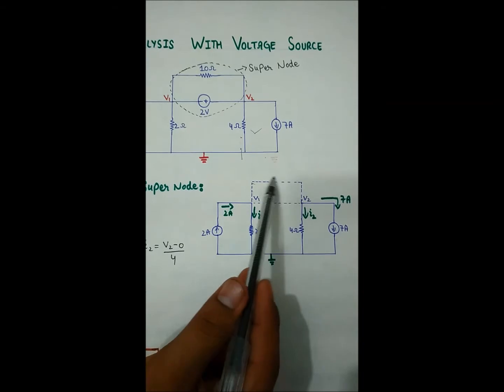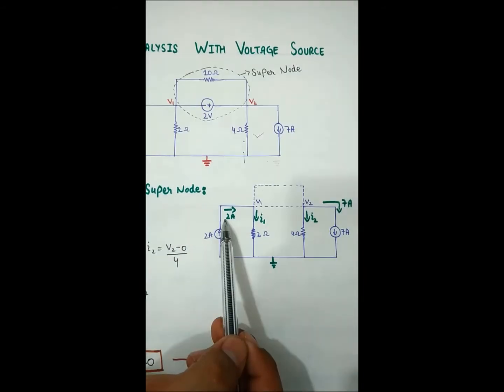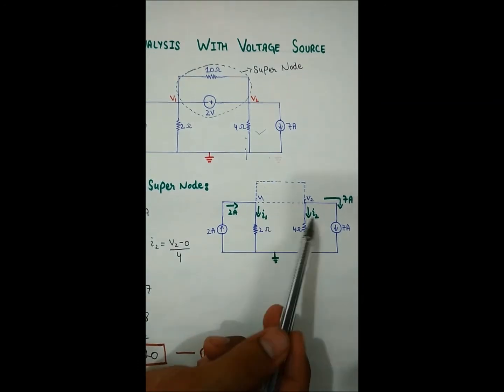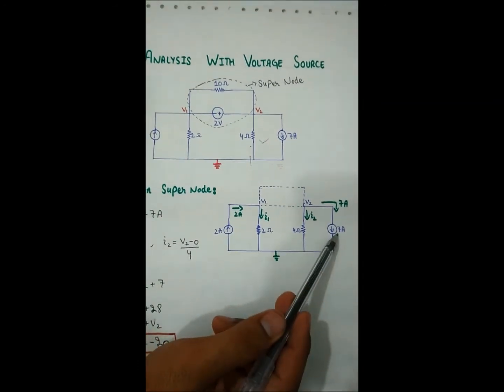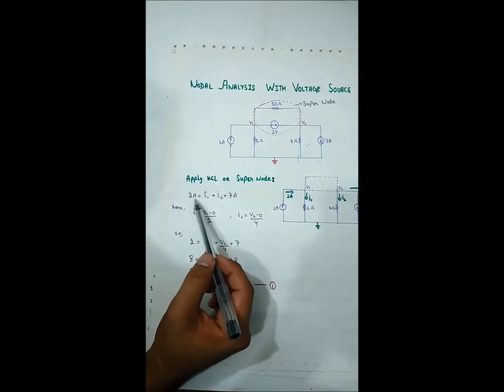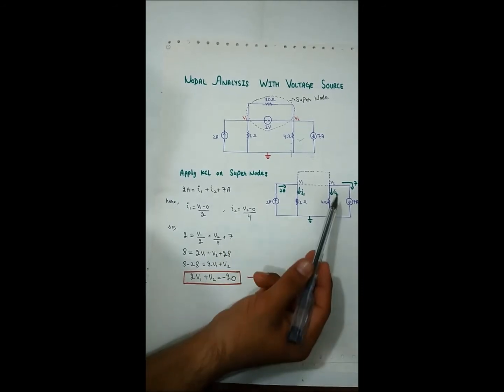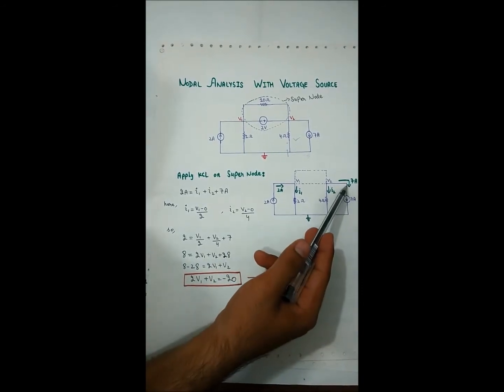This whole is a supernode of V1 and V2. 2 ampere is entering the node, while I1, I2 and 7 ampere are leaving the node. So according to KCL, we have the equation 2 ampere equals I1 plus I2 plus 7 ampere.